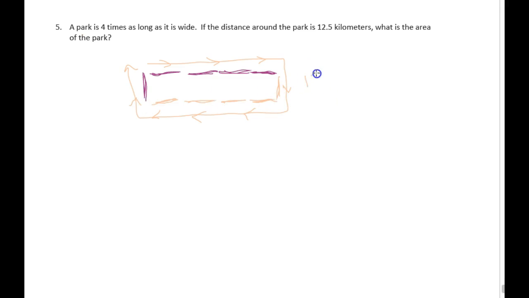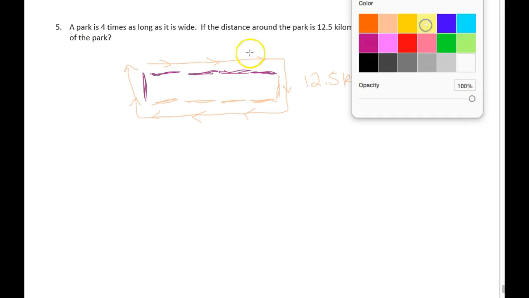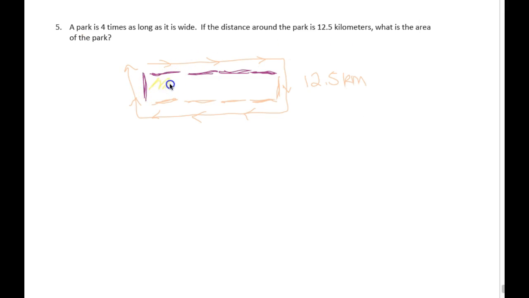So all the way around is 12.5 kilometers. Now it's asking you to figure out the area of the park. So it's asking how big is the inside of the park. So area is equal to length times width.